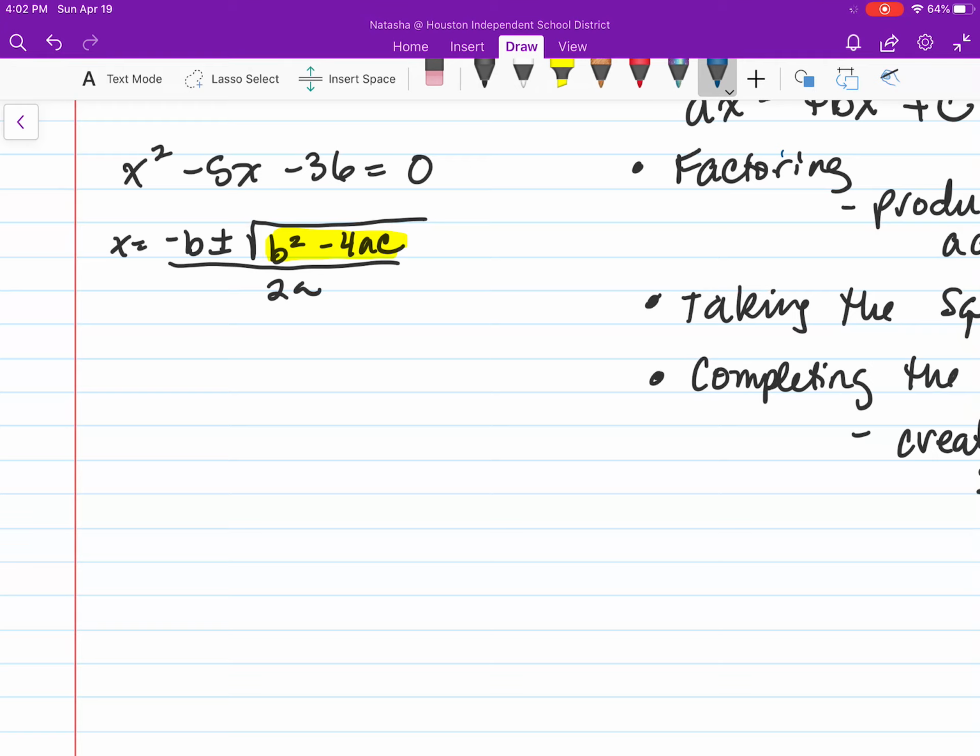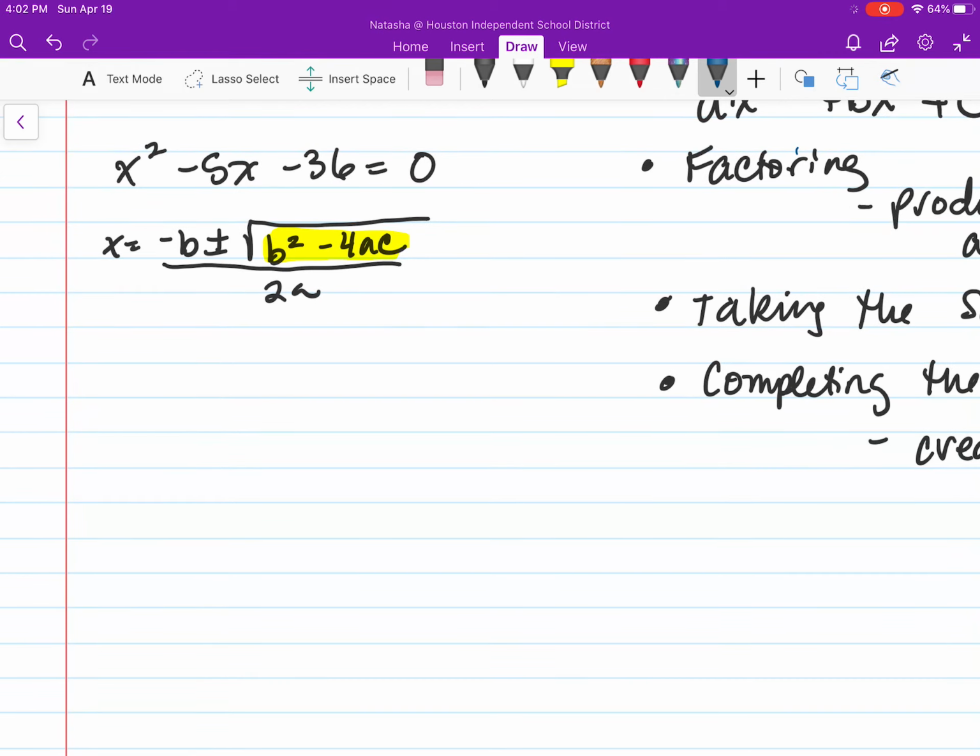And when we talk about choosing which method to use, because now we have all these tools in our toolbox, and we look at a quadratic equation and we want to decide what method is going to be the best method to use, okay? That's part of our decision-making process in order for us to quickly identify what method is going to make us be able to solve our equation the fastest, okay?